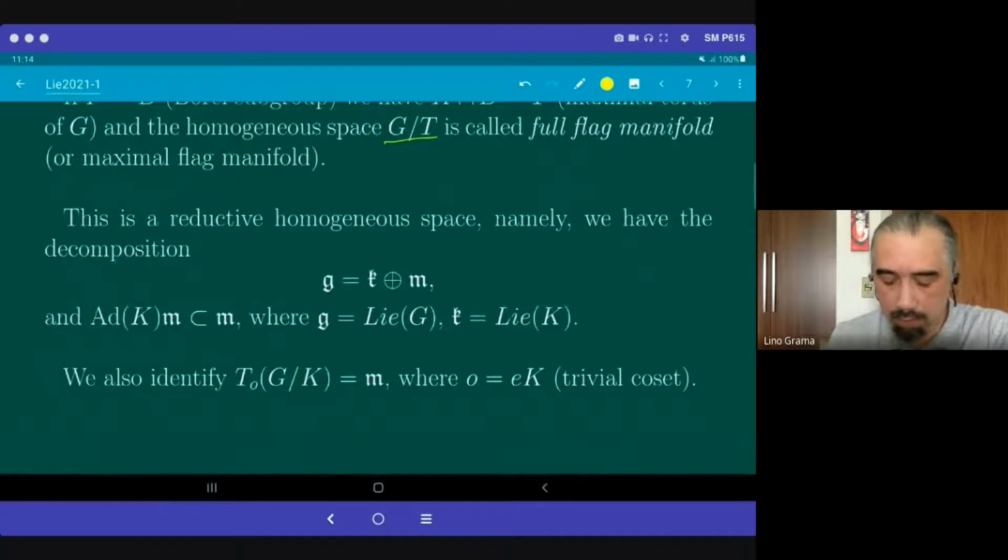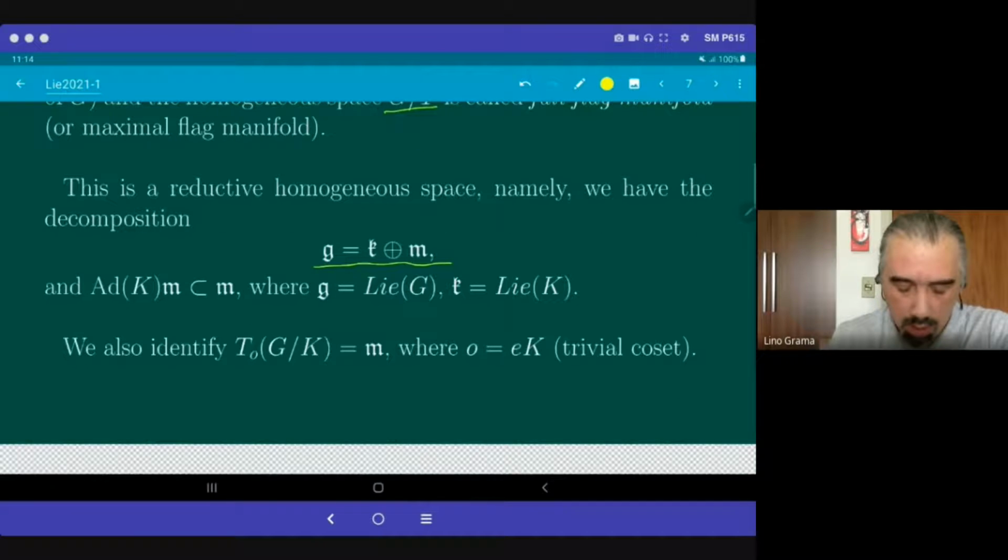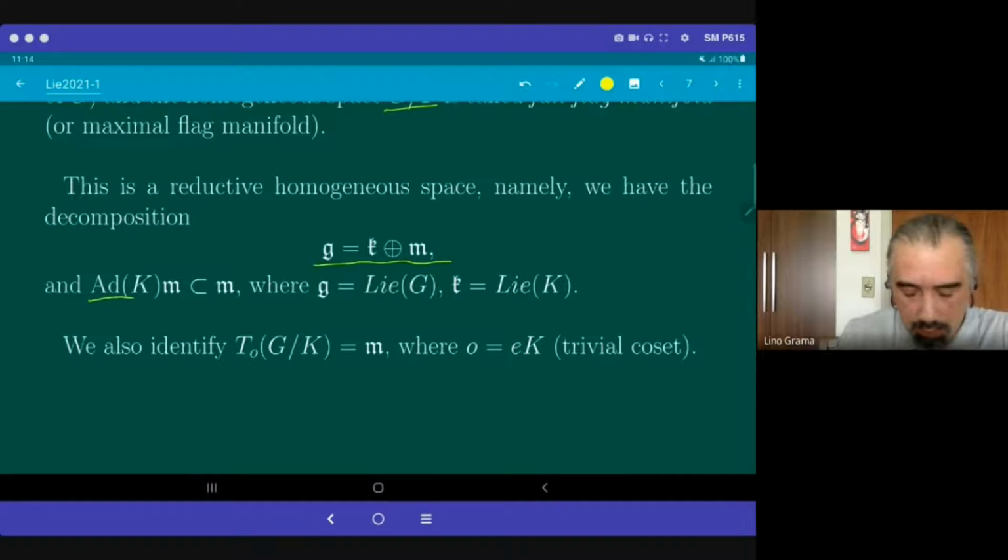Okay, flag manifolds are reductive homogeneous spaces. That is, we have this decomposition, very well known, and it satisfies this: M is invariant by the isotropy group K, and one can identify the tangent space at the origin with M. And this o is the trivial coset.